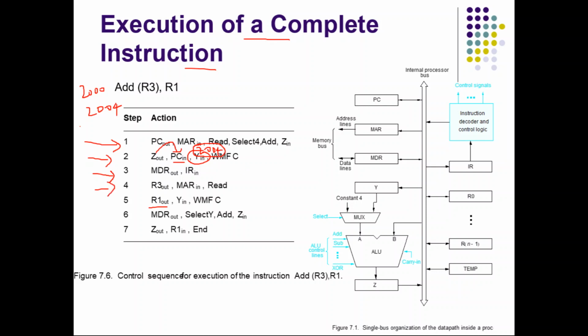In that case the next instruction to be executed will be 2004, so we kept 2004 already. Because then next time you need not fetch it from PC directly, you can take it from Y. That is the reason we kept it. And most of the time you may not be using all the registers.